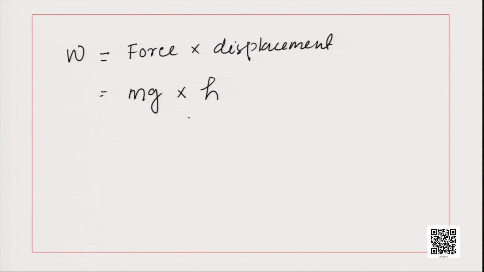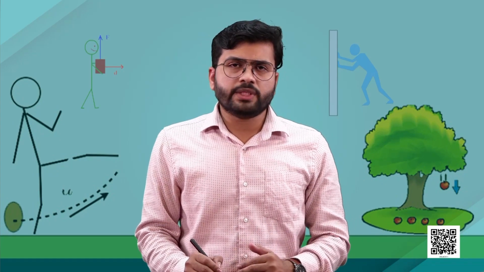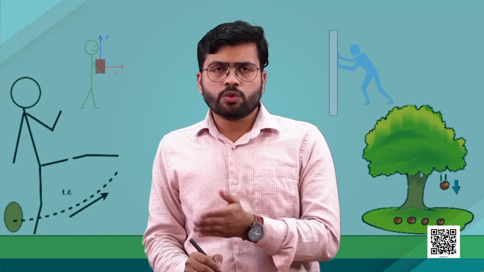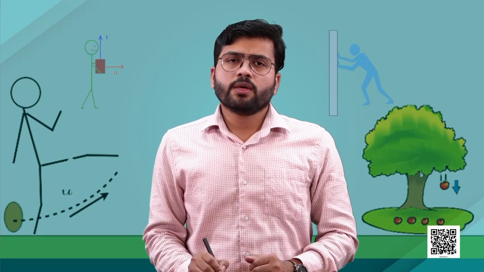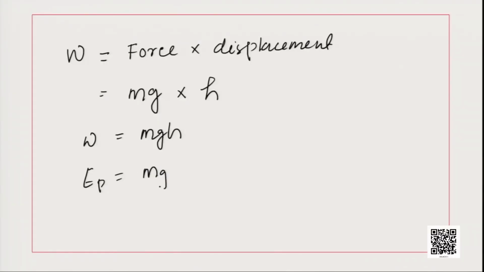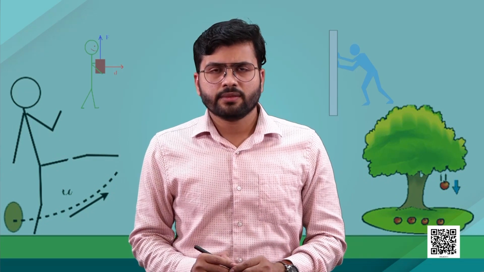So, w is equal to mgh, which is the work done in order to raise that object from the ground to that height, that is, the work done through the displacement h. So, the potential energy EP is nothing but the work done, mgh. This is the expression for the potential energy when an object is raised to a certain height.